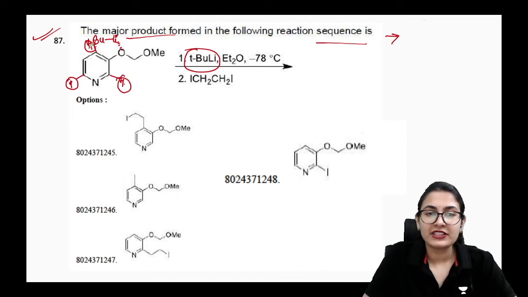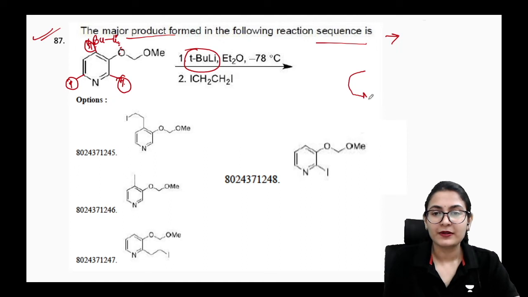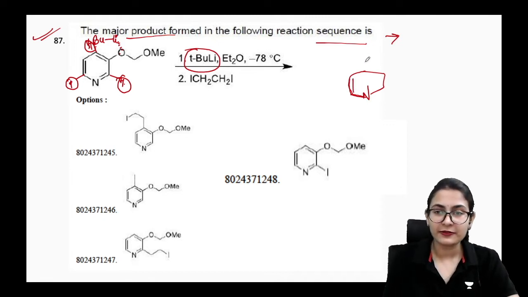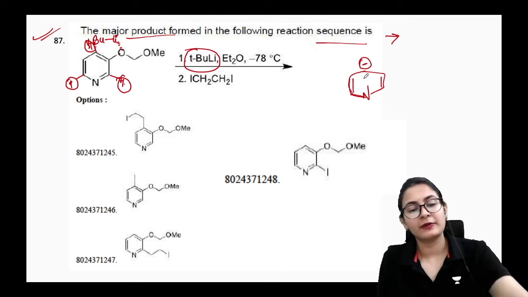Why? Because it is closest to the oxygen and usually the C4 position is anyways electron deficient. So that is why the fourth proton is going to be the most electron deficient. Okay, let the molecule be as it is.